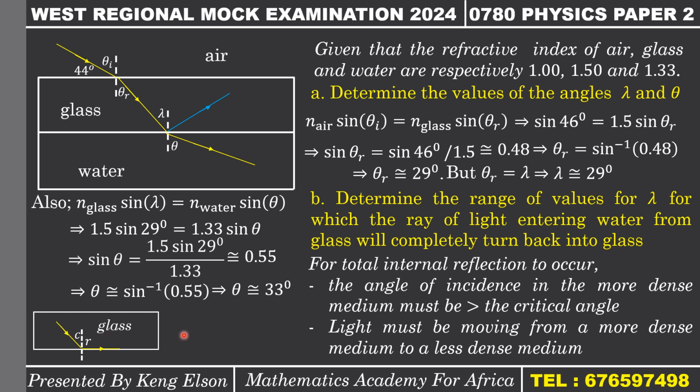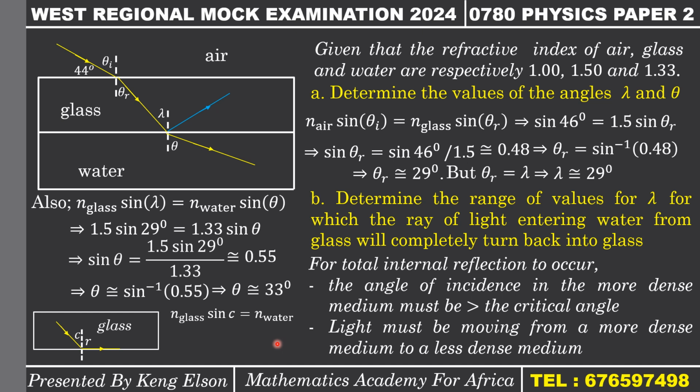So if we analyze using Snell's law, n glass sine C will be equal to n water sine 90. Sine 90 is 1. So we just have n glass sine C, because C is the angle of incidence, which is the critical angle. Replacing the angle of incidence with the critical angle, our angle of refraction is replaced with 90 degrees.